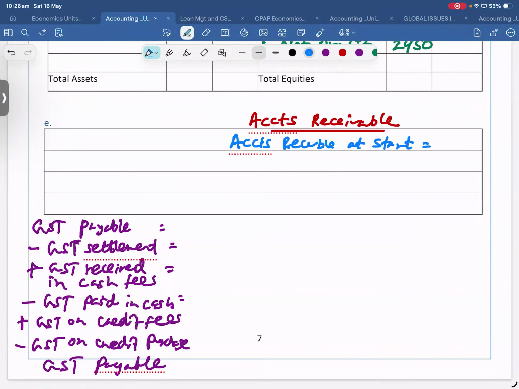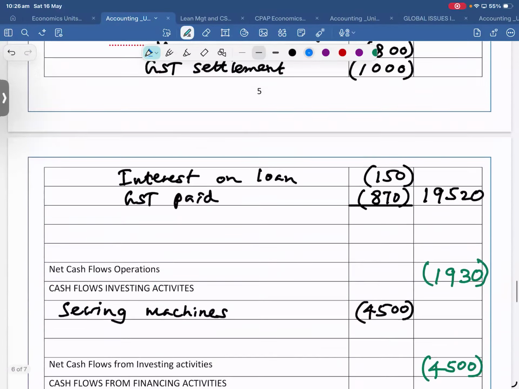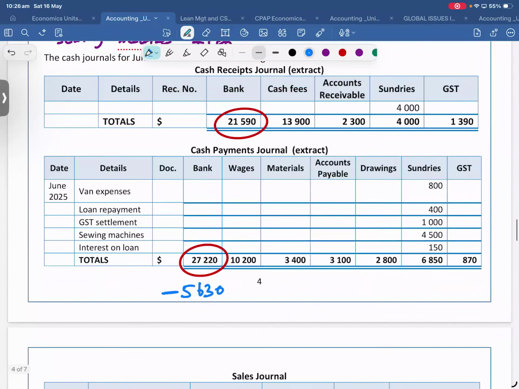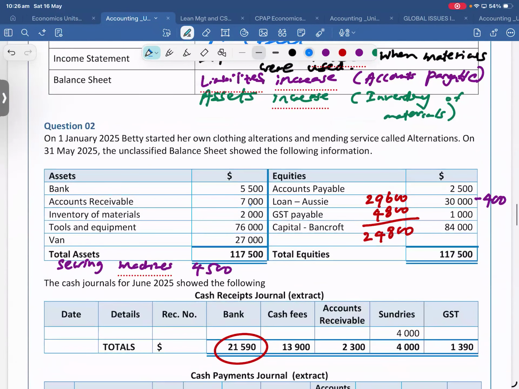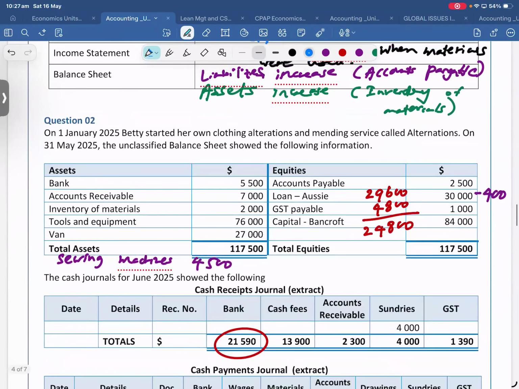How much is it? Where can we find it? The balance sheet. How much? 7,000. Why is it the balance sheet? Because this one has been given as of 31st May, and we are doing it for 30th June.